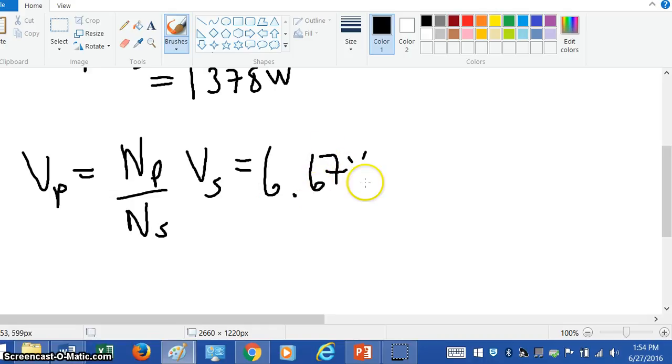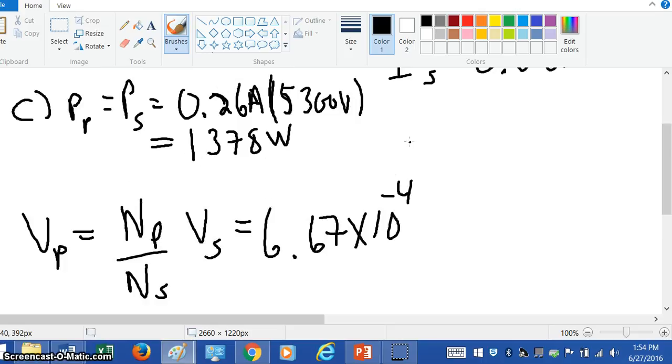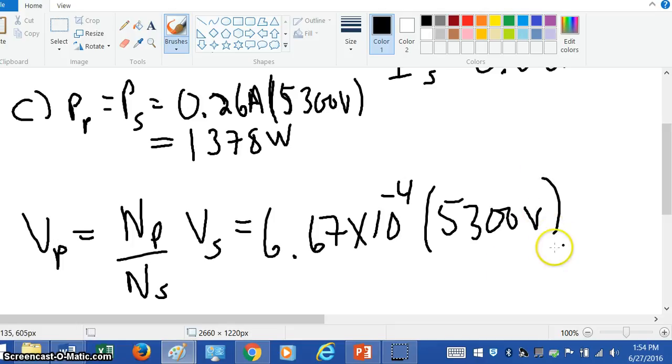So that literally is n sub p over n sub s, and remember v sub s was what, 5,300, so multiply by 5,300 volts, and that'll give us our voltage in the primary. And notice this number is far, far less than 1, so it's only going to be a small fraction of 5,000.